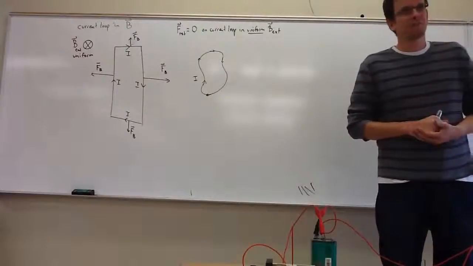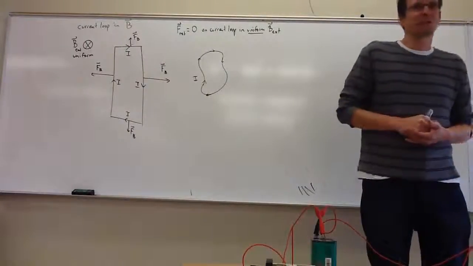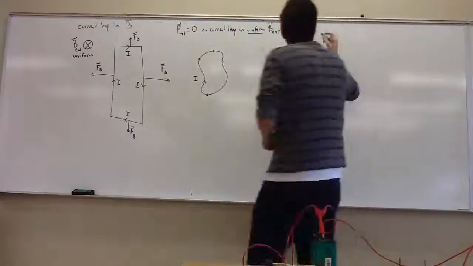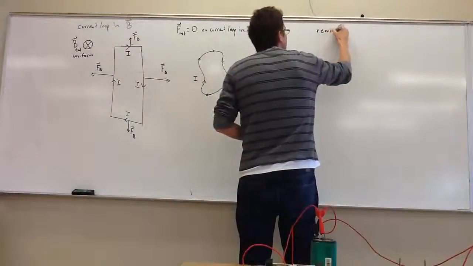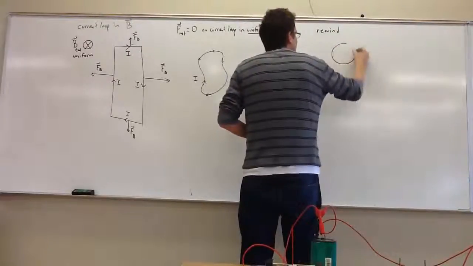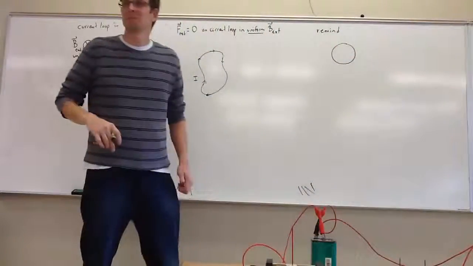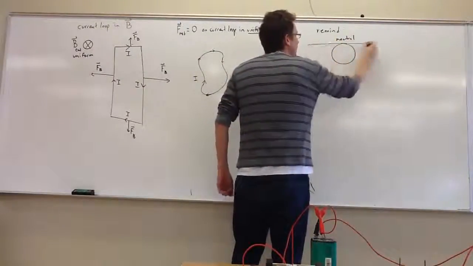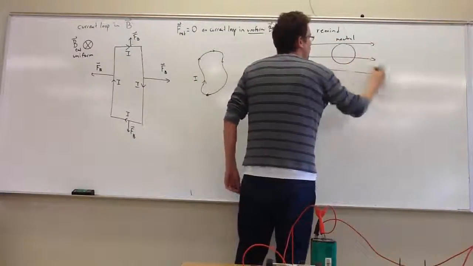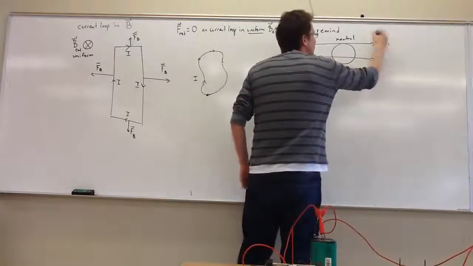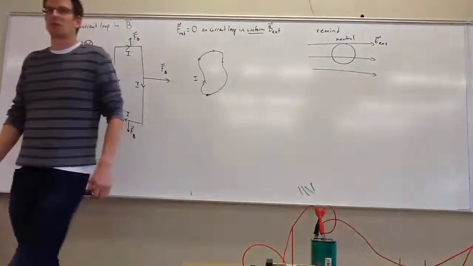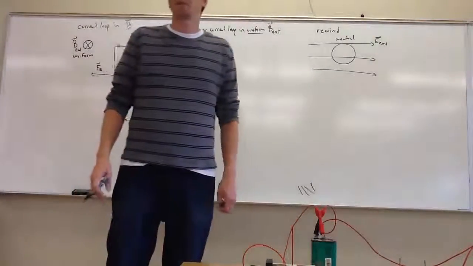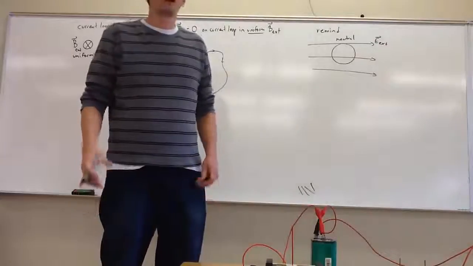This, by the way, is not really a new thing. We discovered the same thing when we put, let me remind you, a neutral conductor or insulator, it doesn't really matter what it is, in a uniform field, E external. So we learned that it's not that nothing happens. The object undergoes a process called what?